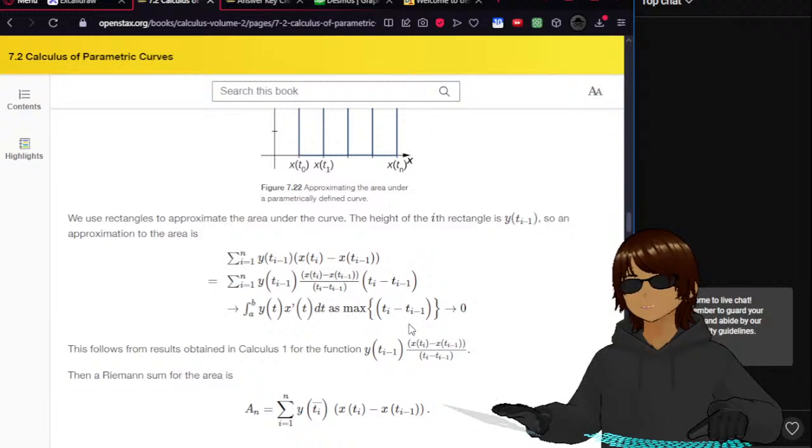So as this interval remains constant, right? This t_i minus 1.